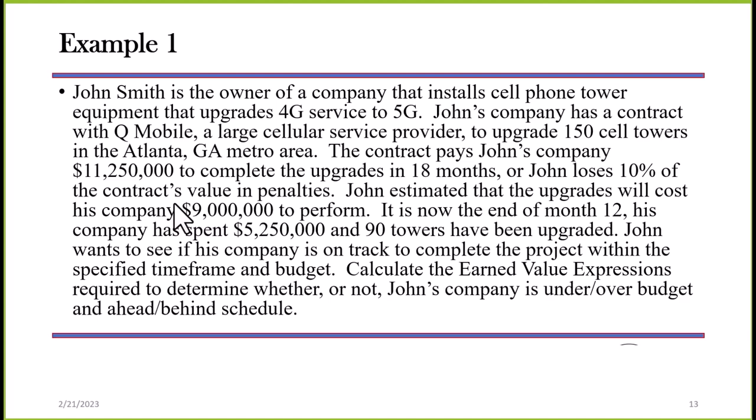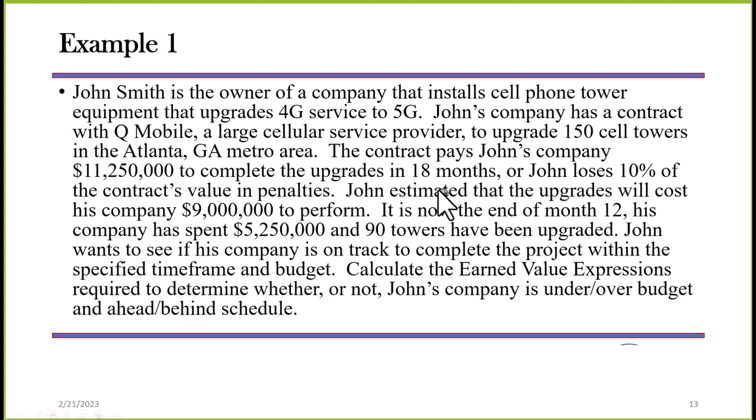And this is all the information that we need to be able to calculate earned value. If you were doing this on your work, this is the type of information you would have to gather. Basically, what we have here is a description of the project, and we have specified how many cell towers we're going to modify, and we have a contract for $11,250,000, and we have 18 months to complete it.